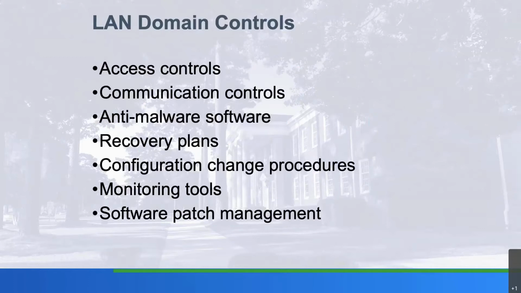We need to have change procedures. So anytime somebody makes a change on the network, we are going to capture that action before it happens. We're going to review it and then approve that change, and then the change is going to take effect. So we need to have that control on the network.